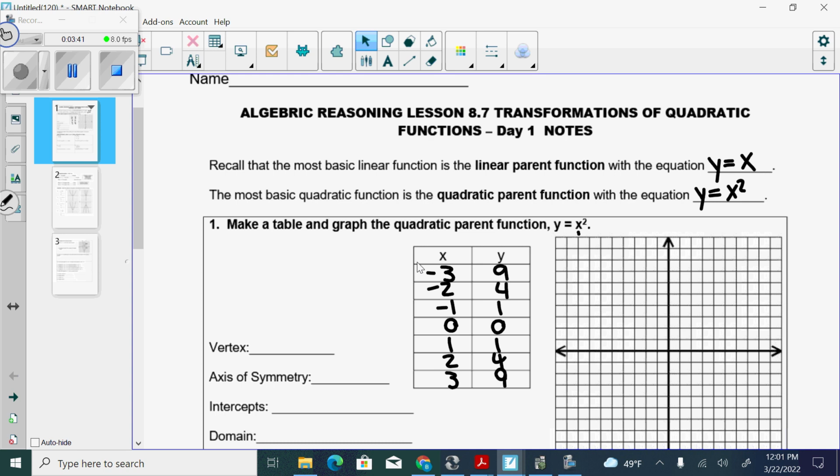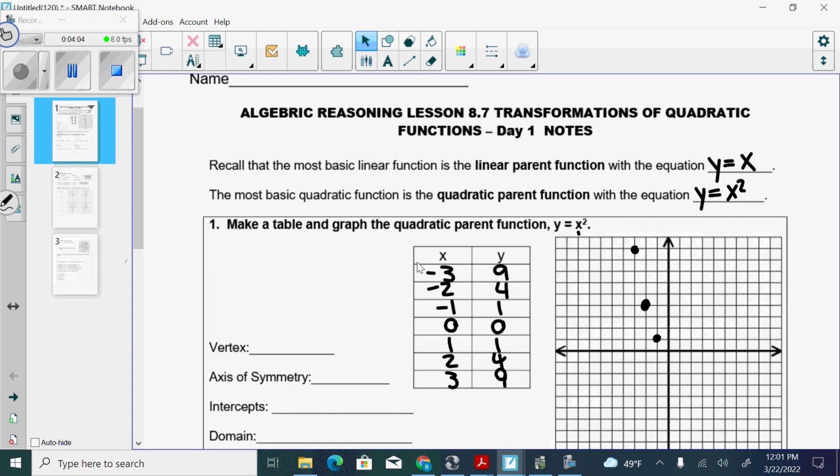I'm going to go over here and plot those points so that we can draw our sketch. So my first point is at -3, 9. So I count over -3, up 9. My next point is at -2, 4. My next point is at -1, 1.